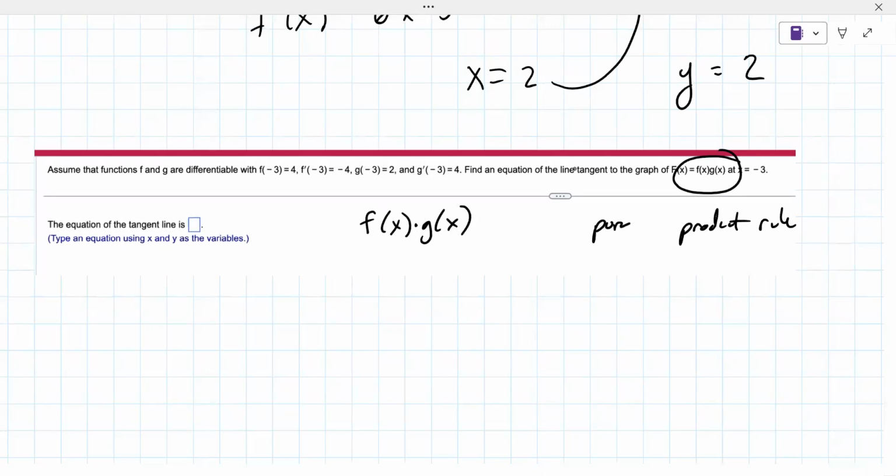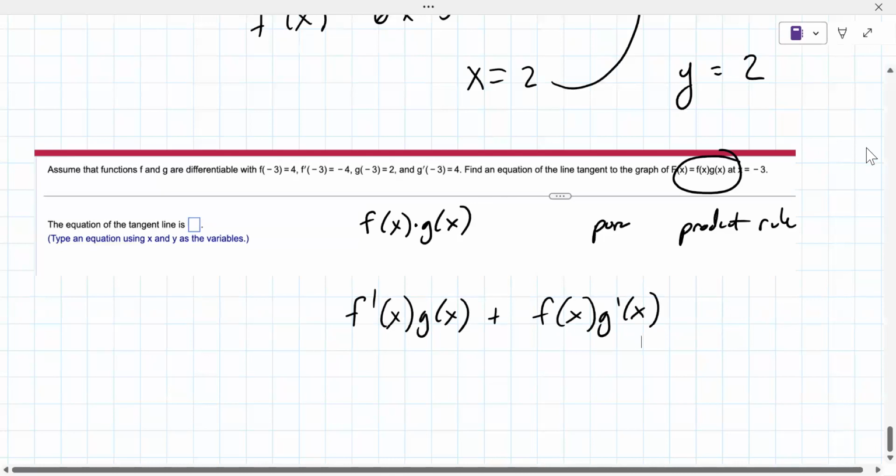We did one like that earlier, a pure quotient rule. So the product rule is straight definition. It's f prime of x, g of x plus f of x, g prime of x, or you can flip the order.